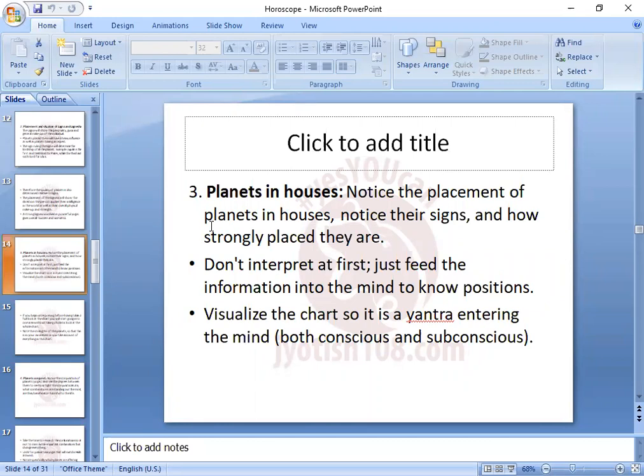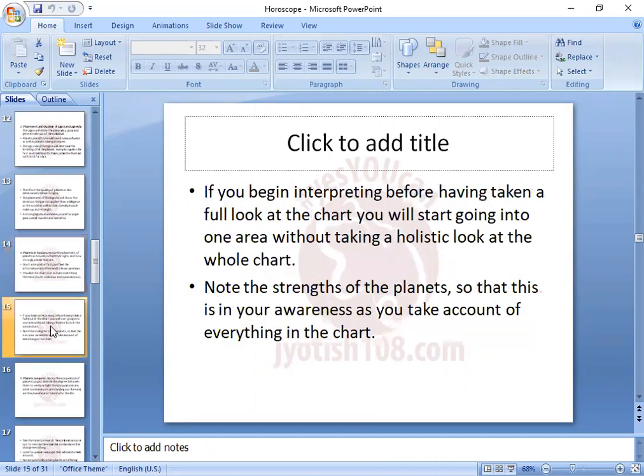Visualize the chart, so it is a yantra entering the mind. The chart is nothing but a physical manifestation of the blueprint that the person is carrying in this life. So just allow that chart to seep into your consciousness. That is how you look at it.